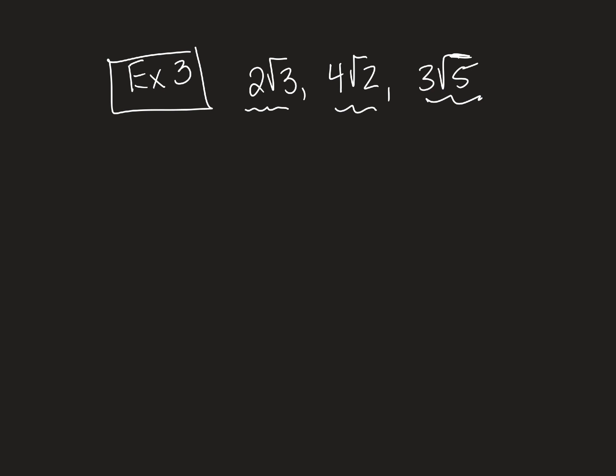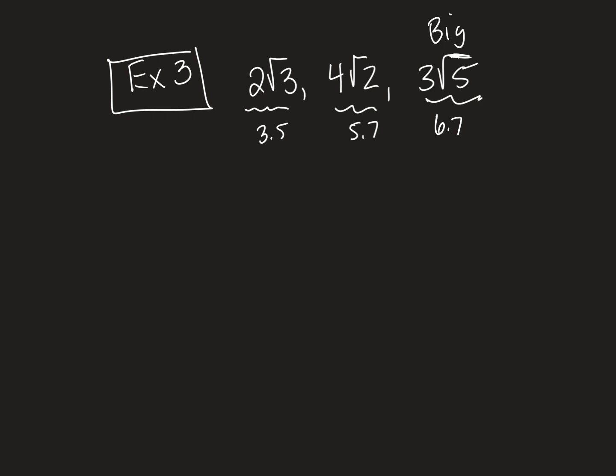So the first one is 3.5. The next one is 5.7. And the next one is, oh shoot, I didn't write that one down. Okay, let me grab a calculator. Okay, so I got my calculator and that one was 6.7. So this is the biggest.